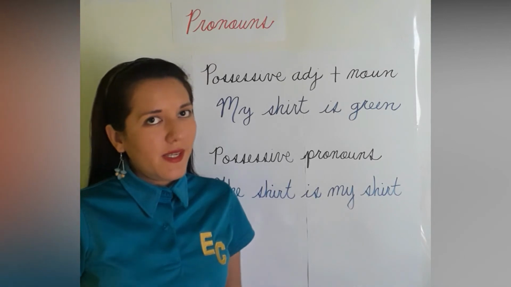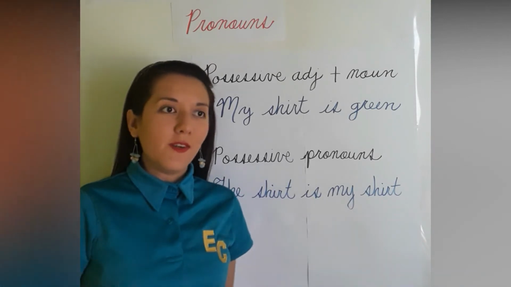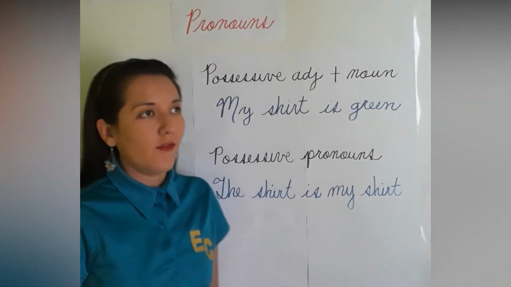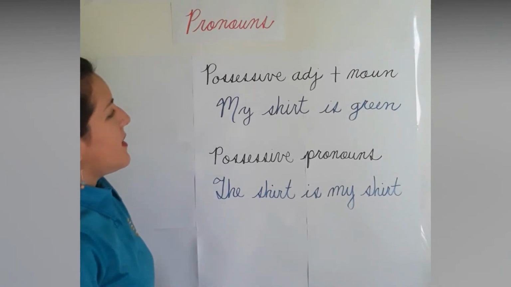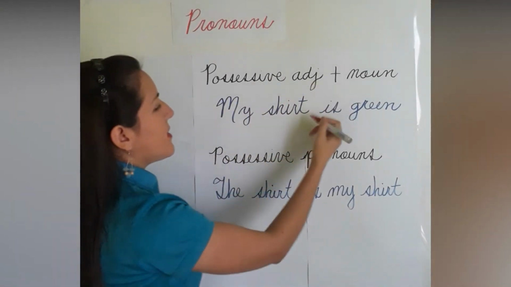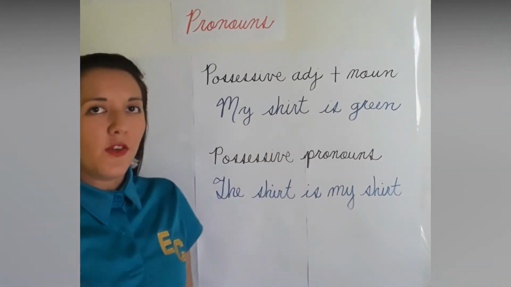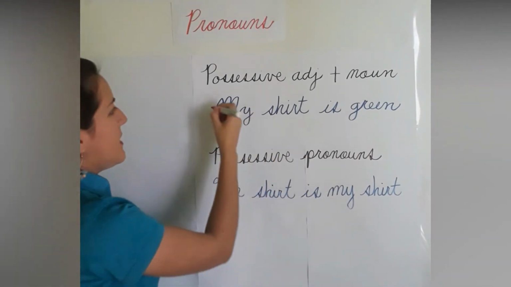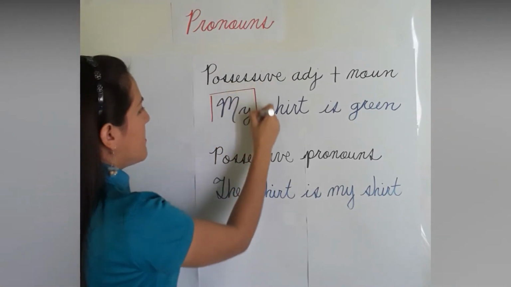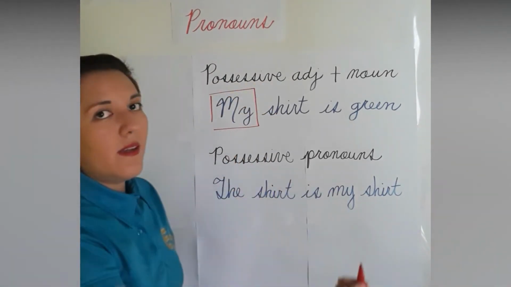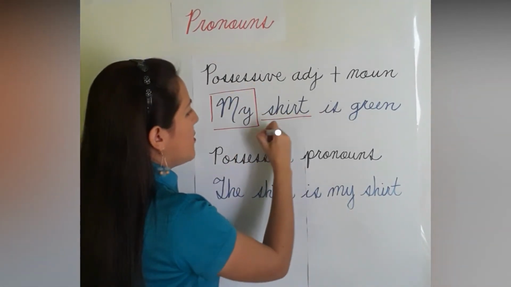However, there's a difference, and it is in the function or structure that we use. Now let's look here at the board. Possessive adjectives are followed by a noun. Let's look at this sentence. My shirt is green. We see that my is the possessive adjective. Then we have a noun that is shirt.